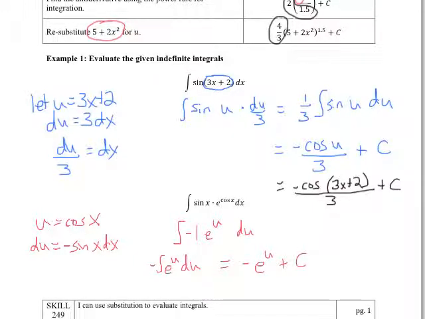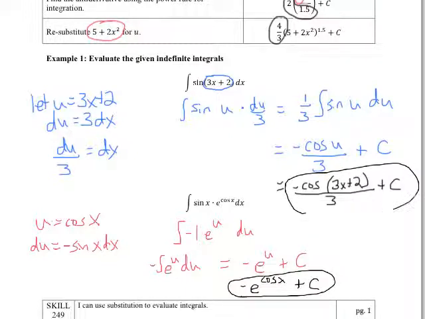Then we have to substitute in our u value to get our final answer, negative e to the cosine x plus c. And there's our final answer for our indefinite integral.